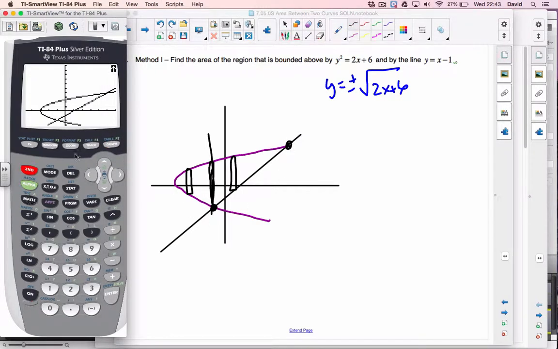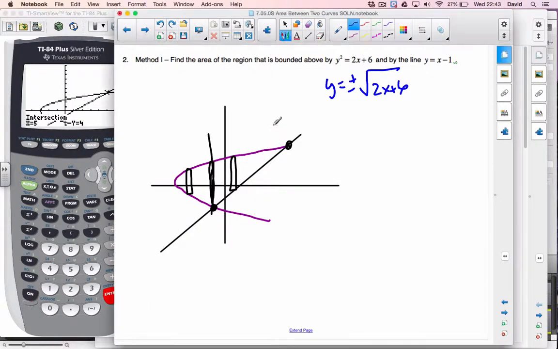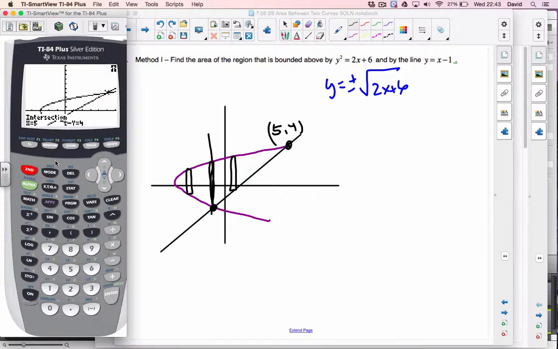So going to my calculator, find the intersection, and we will get the value 5, 4. That's convenient, 5, 4. If we do this bottom value here, and I could do it also by setting them equal to each other, or plugging this into here by substitution and solving, but this is just faster.